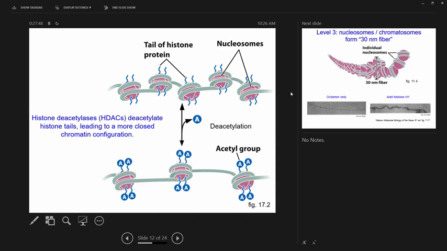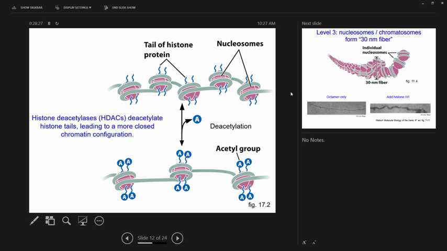But there can be fine-tuning by adding specific modifications to specific parts of each of those histone tails. Don't write it down now, but the modifications are going to be acetyl groups like this, phosphates, and methyl groups. And so the combination of all those different modifications to different parts of the genome are going to make out a code that can say, a little more nuanced, what should happen at that area.